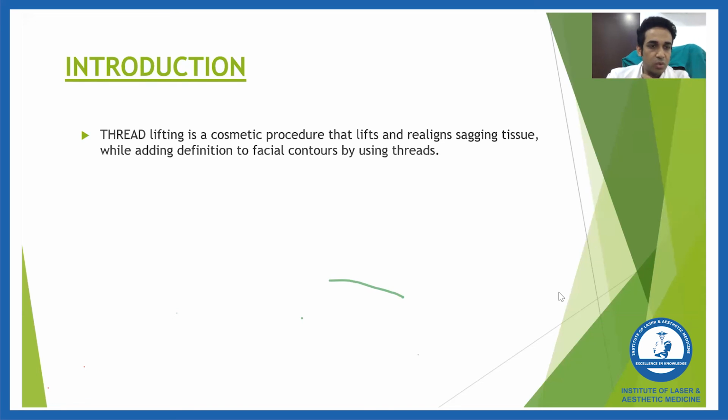How will the thread hold? Come on, Dr. Monica, we were studying so much. You are introducing it from the skin, then going to the superficial fat, and then entering the SMAS layer. When the thread you're using is a barbed thread, it is going to hook onto that SMAS layer. Under the SMAS layer there are muscles, deep fat, and fascia.